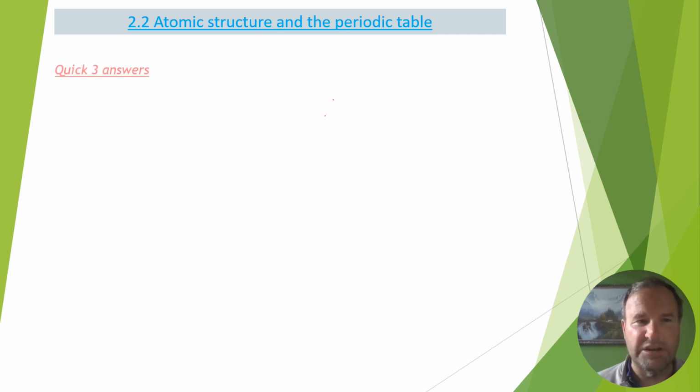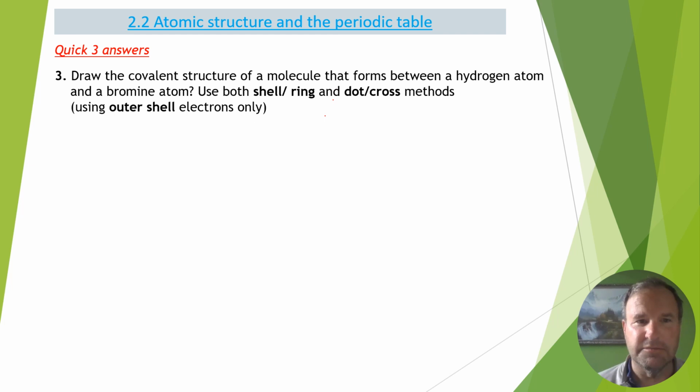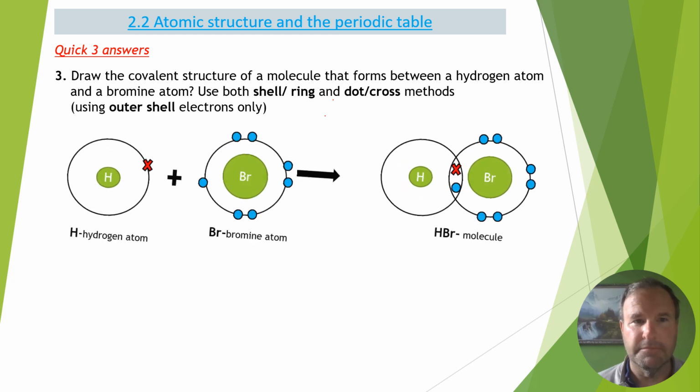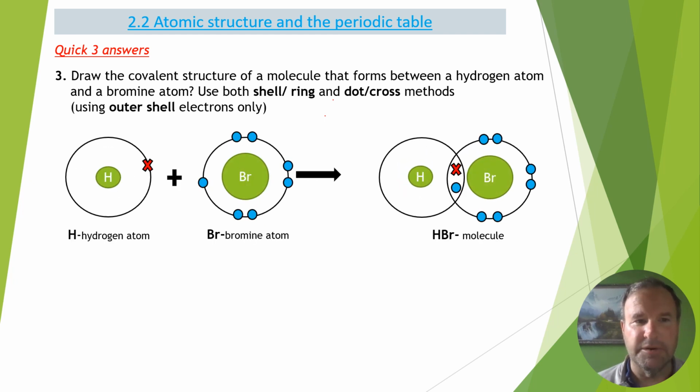Here's the final question, a suggested answer here for question 3. Here's the question, just to read it again. Okay, so we've got hydrogen joining up with bromine, and we're only showing the outer electrons here.